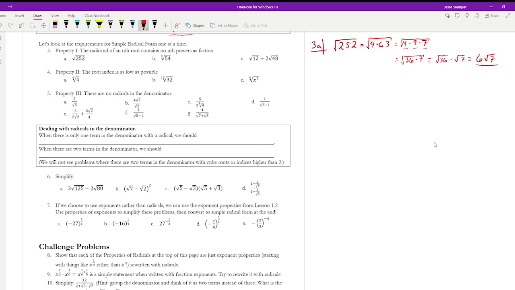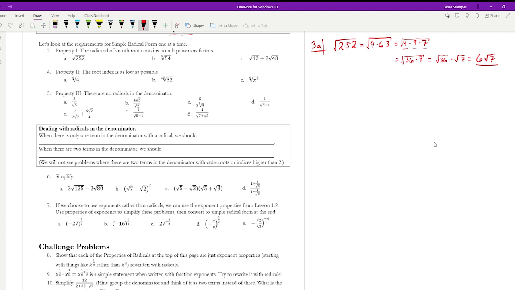Okay? That's what they're asking for with property 1. They want you to pull everything that can be used, every factor that can be used with that radical out of it, and leave behind what can't be used under that radical.